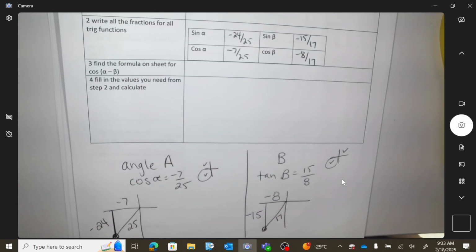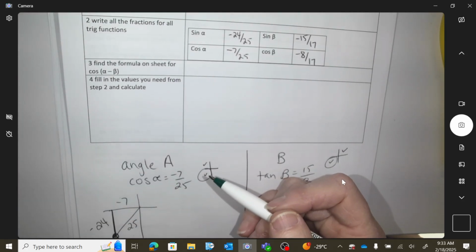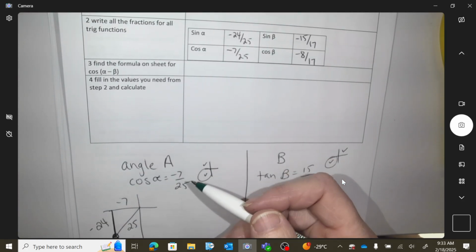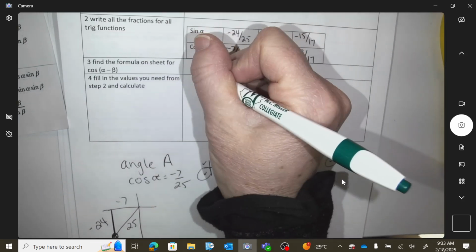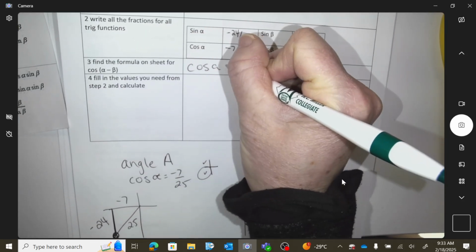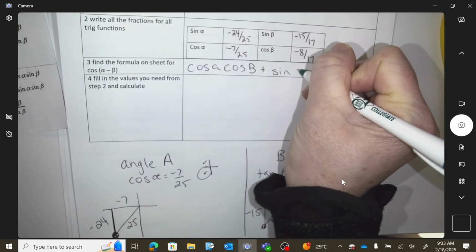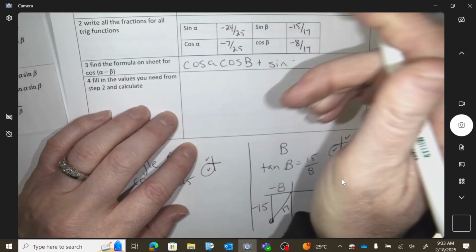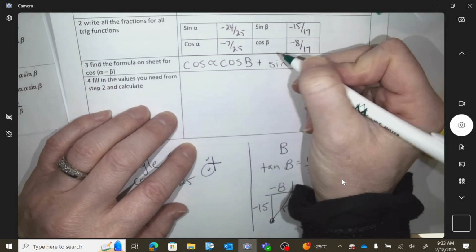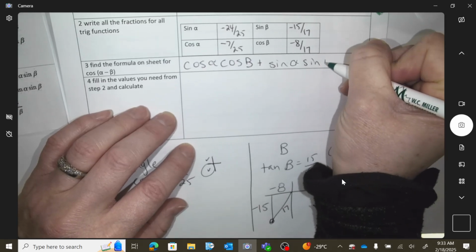So what's the cosine value at that new angle? Okay, so what I want you to do is go cos A subtract B. Grab your sheet. Cos subtract makes cos A cos B plus sine A sine B.